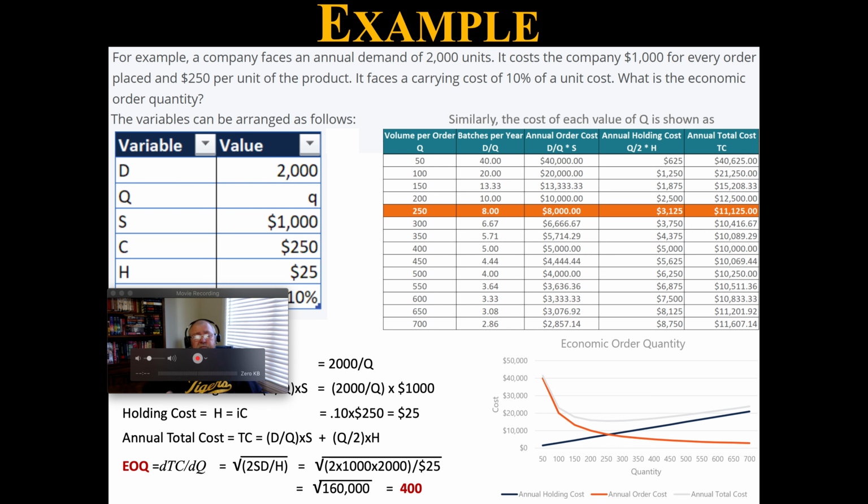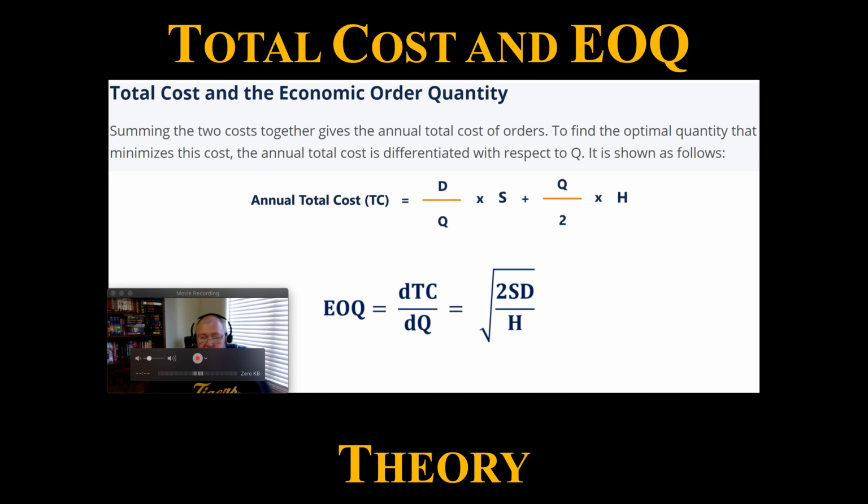And then you would be able to determine the annual order cost. You would also be able to determine the annual holding cost. More orders means less holding cost. So if you were ordering 50 at a time, you'd have 40 orders at $1,000 an order, and so on.